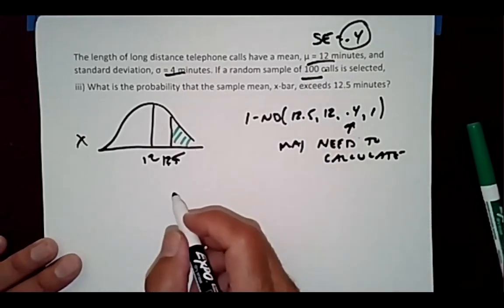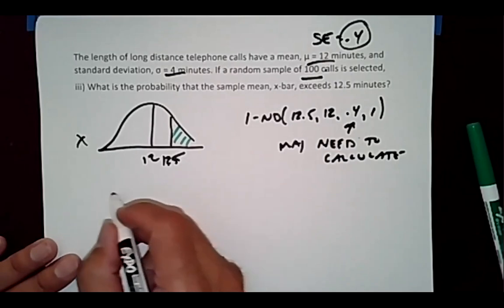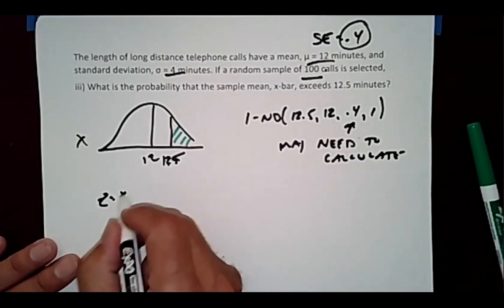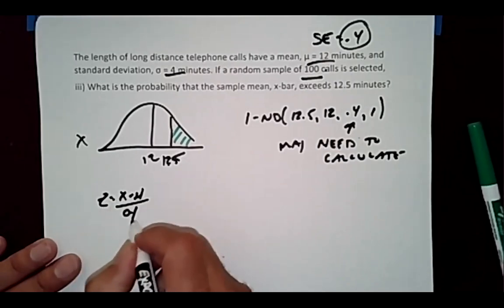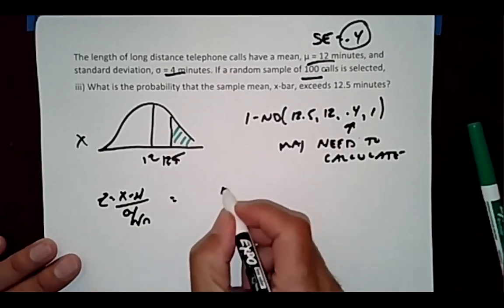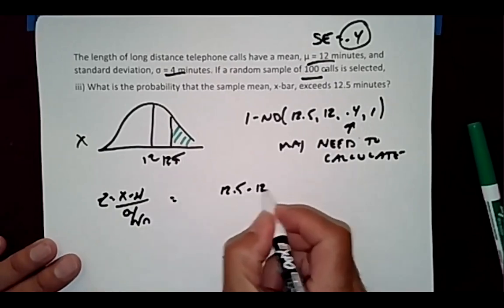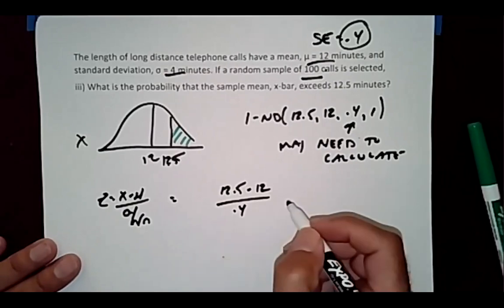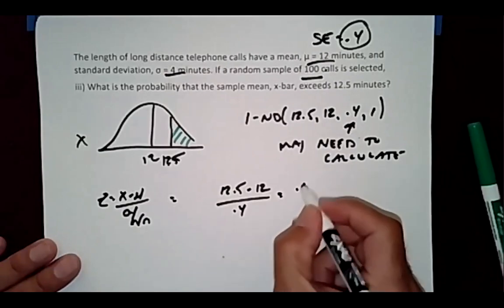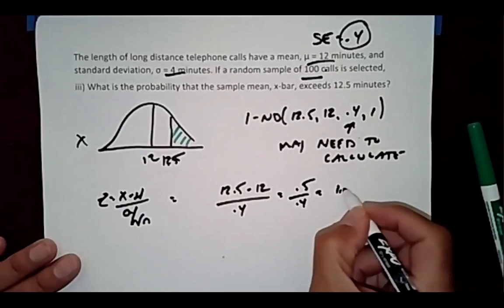Okay, so the z-way is going to be, again, z equals x minus mu over sigma over radical n. So it's going to be 12.5 minus 12 all over 0.4. So 0.5 over 0.4 is 1.25.